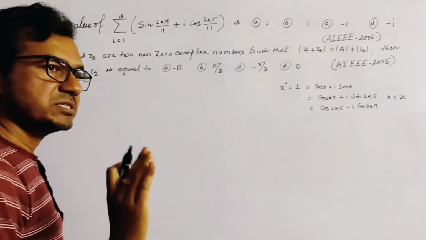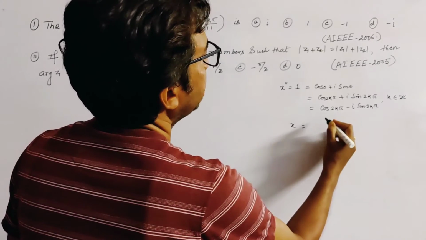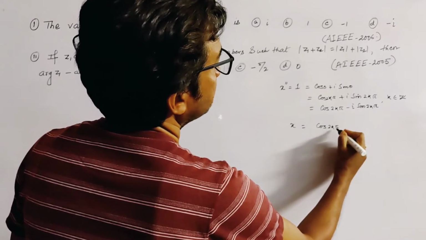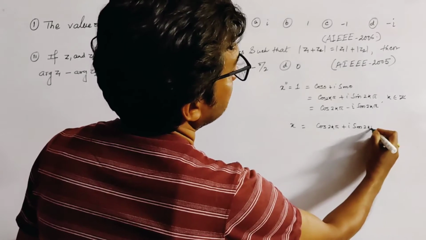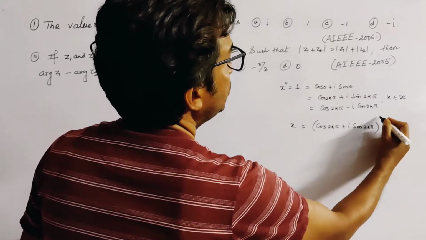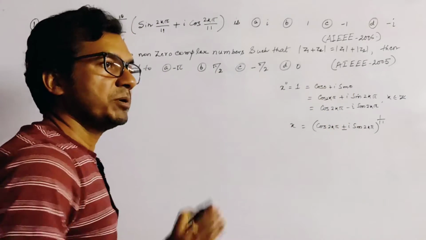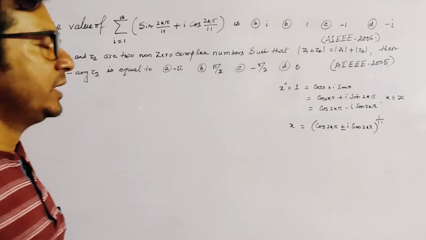Both are the same thing, right? And x is given by (cos 2kπ + i sin 2kπ) whole to the power 1/11, and it may be plus or minus as we wish for the problem.